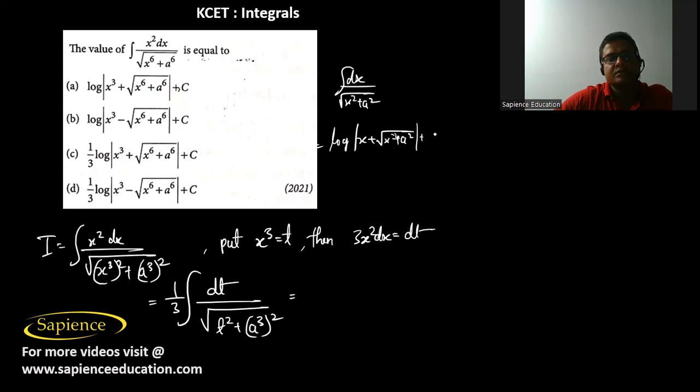So we know that integral dx by square root of x square plus a square can be written as log mod x plus square root of x square plus a square plus c.